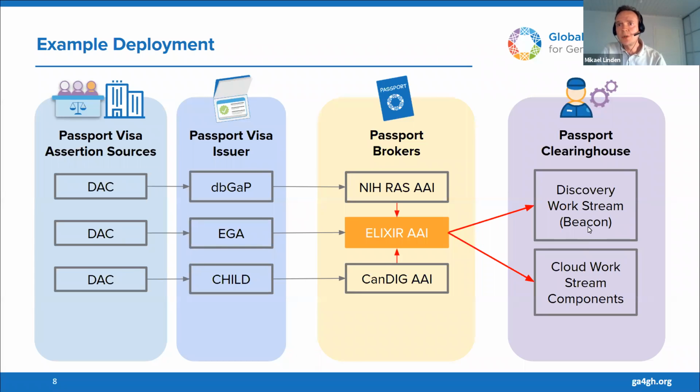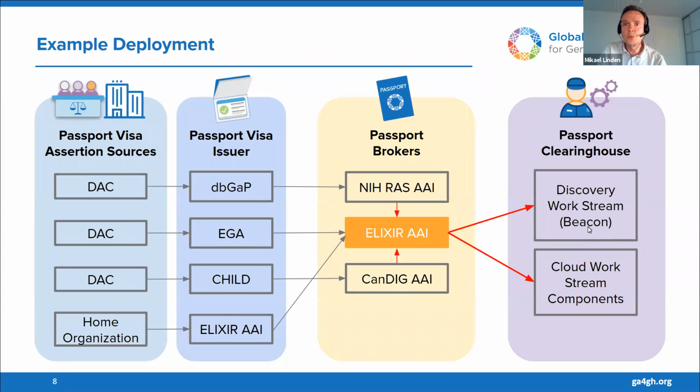For instance, the piece of information that a particular person is a researcher in their home organization. And that kind of information can be conveniently received not from a data access committee, but from the home organization of the researcher, potentially when they log in using their home organization credentials.